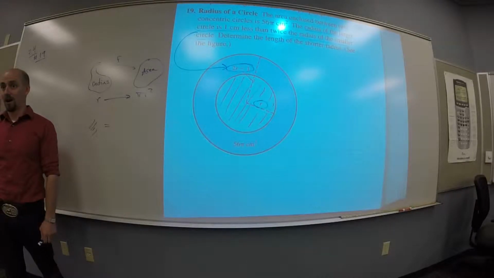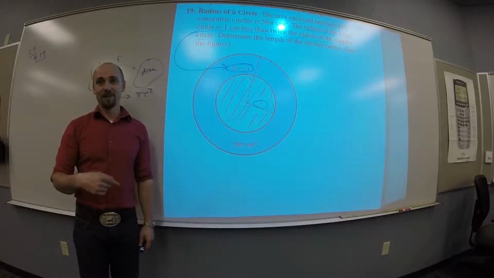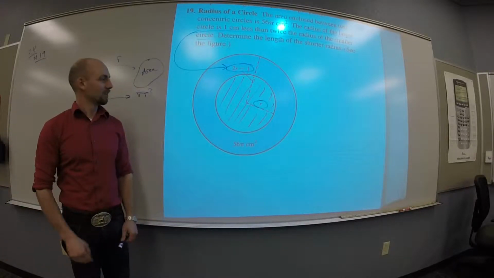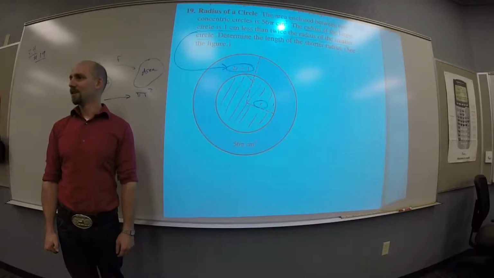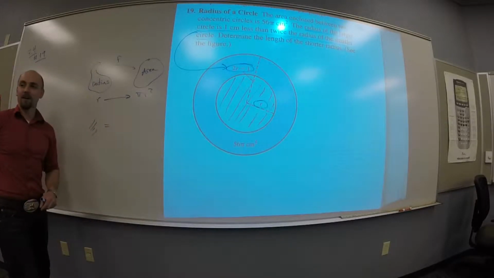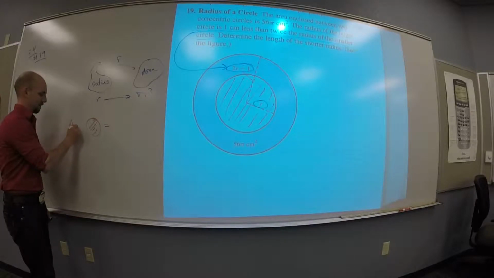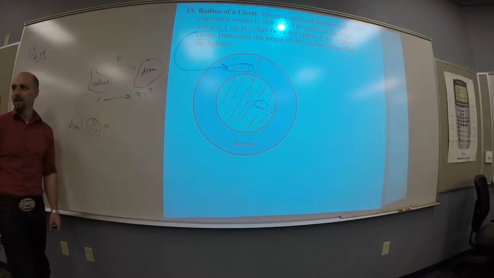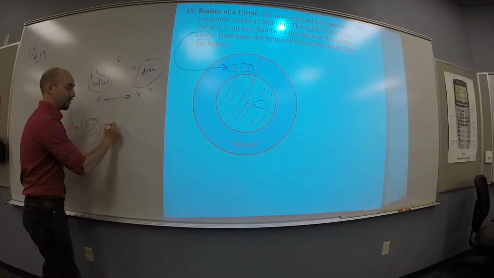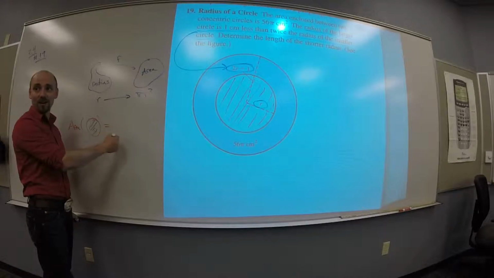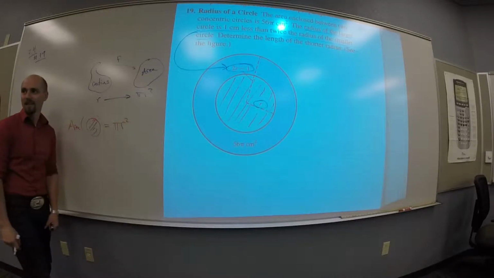It's 1 centimeter less than, that's the bigger one. What's the radius of the little circle? It's on the picture, r. You guys all see that? So the radius of this thing is r, so the area is pi r squared.